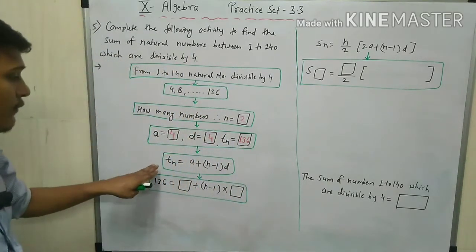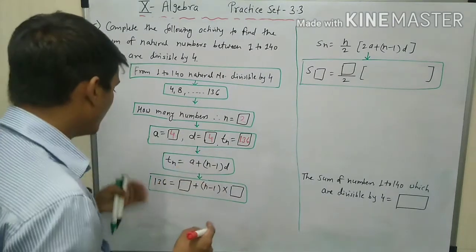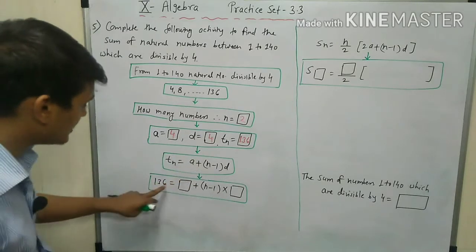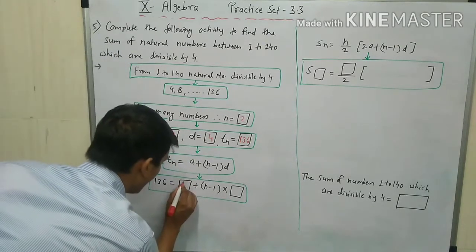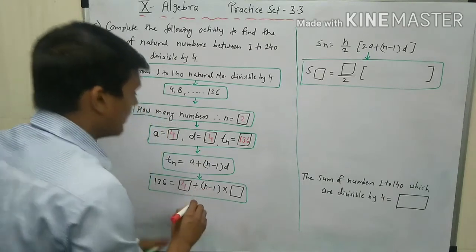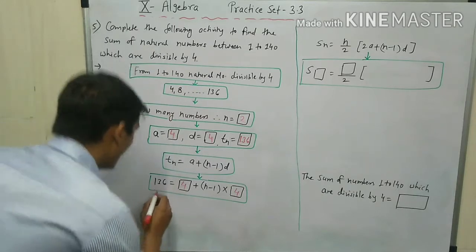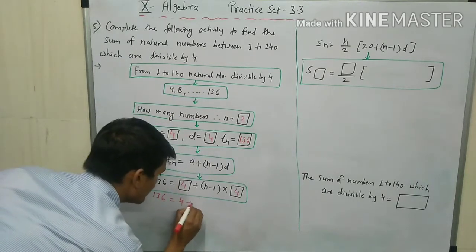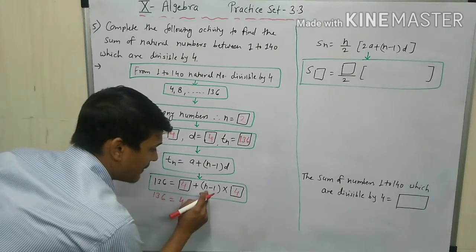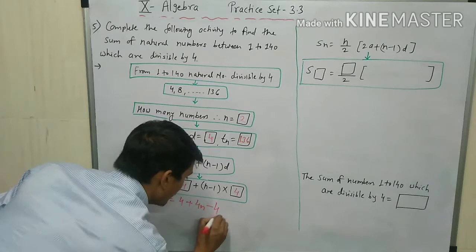Understood? Now the formula is Tn is equal to a plus (n minus 1)d. The Tn value is 136 is equal to 4 plus (n minus 1), and the d value is 4. Now we solve here. 136 is equal to 4 plus 4 multiplied by n, which is 4n, minus 4.